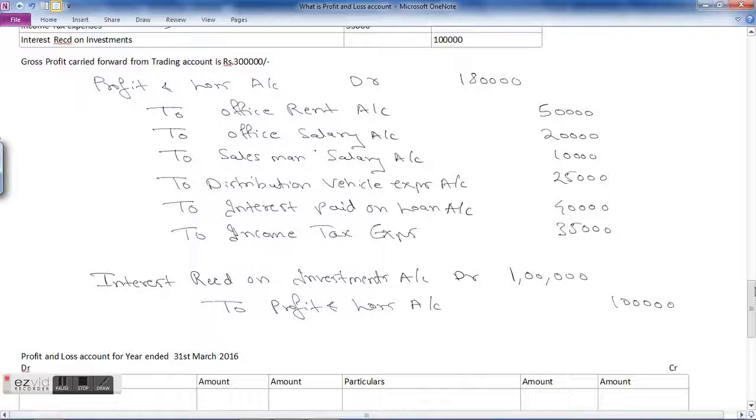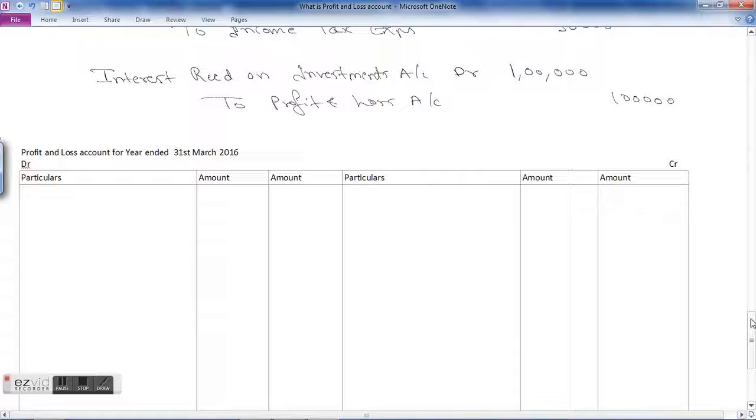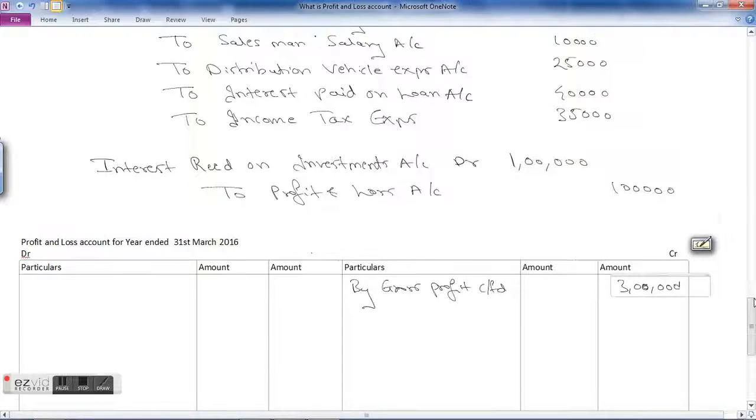Before that, we'll transfer the gross profit. Since it's a gross profit carried forward, it will be on the credit side of profit and loss account. The amount is 3 lakhs. Correct.